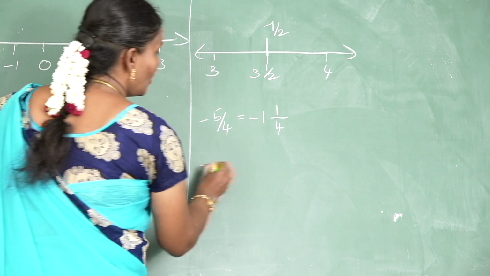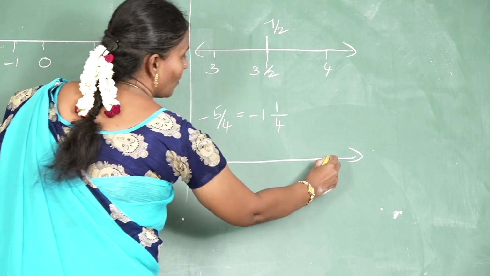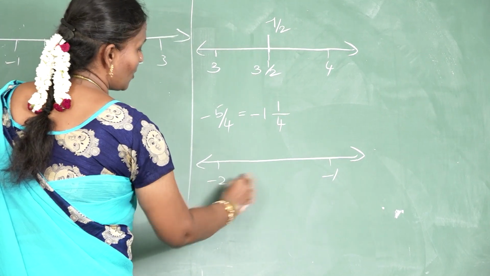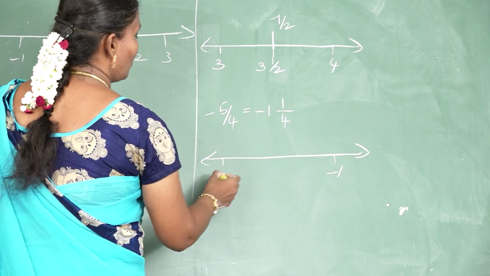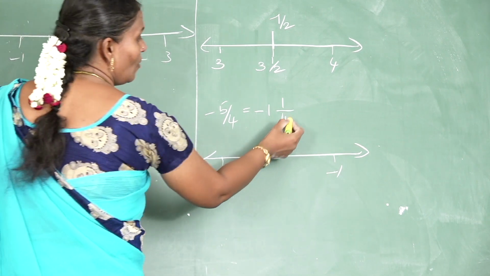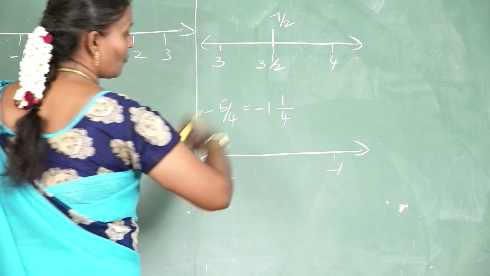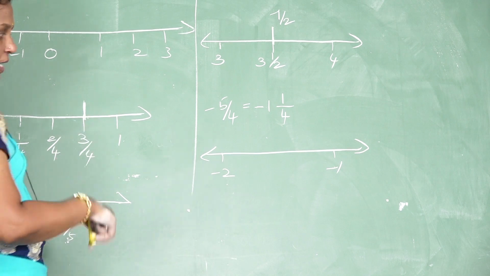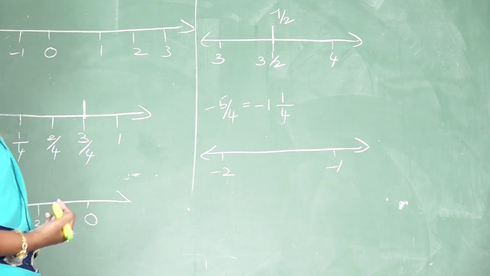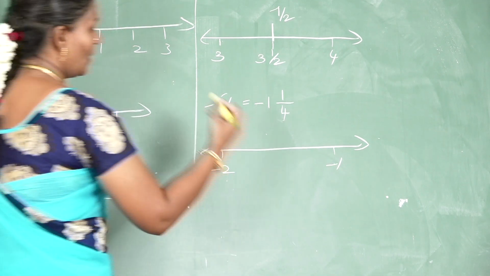Understand? So take minus 1 here, minus 2 here. You know already the number line. So minus 1, minus 2. So you have to see what is in the denominator? That is 4. So you have to split into 4 equal parts in between minus 1 and minus 2. Understand? Come on, you split now.